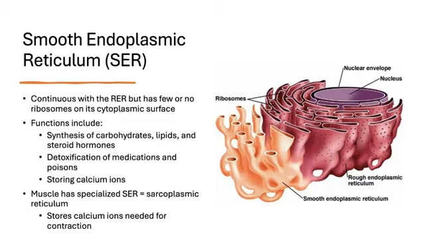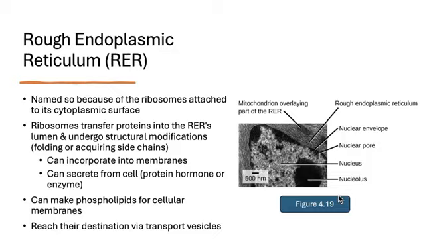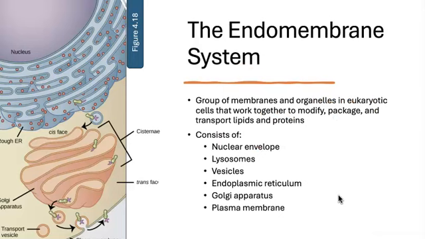Next, we have our Golgi apparatus or Golgi body, and this is also going to be a series of flattened membranous sacs like we see here. The cis face is going to be closer to the ER. Okay, so I think I have another image of this just to show you.